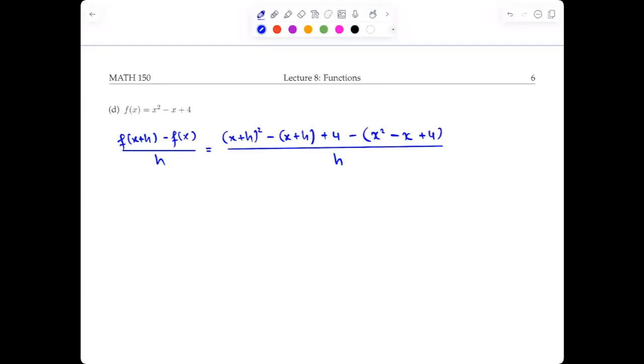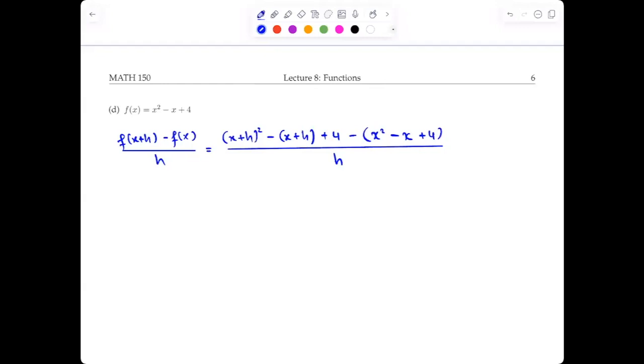Again, you simplify the numerator. What you do now is you expand x plus h squared. That means you do x plus h times x plus h. So here you have x plus h squared equal to x plus h times x plus h.